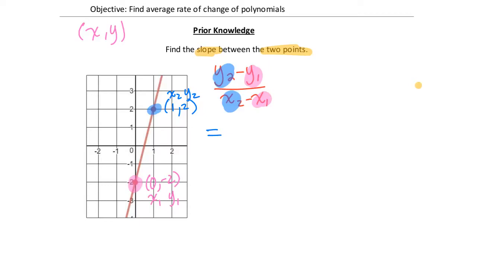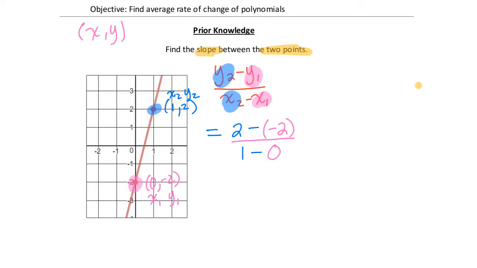So my y2 value is a positive 2 minus my y1 value. Y1 is the pink one, that's the -2. Because that's a negative and a negative, I'm going to put that in parentheses, over my x2 value, which is the blue one. X2 is 1 minus my x1, the pink one, which is 0.